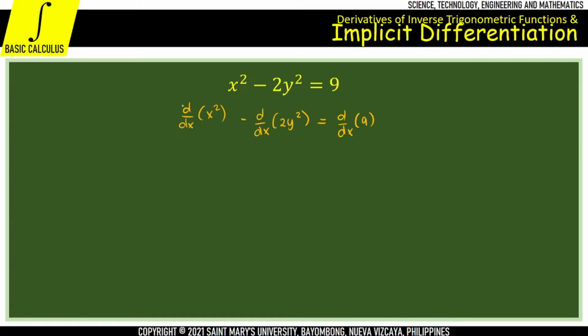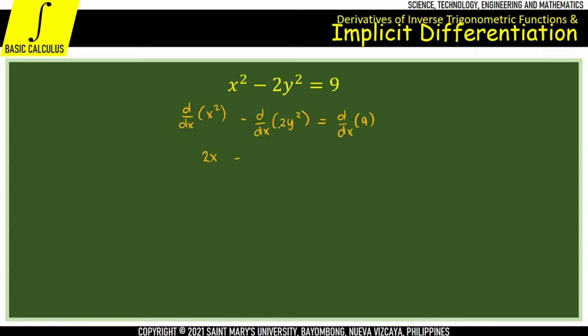Again, this symbol means that we differentiate each term. Next, when we differentiate and there is no y, proceed with our usual differentiation. What is the derivative of x squared? We have 2x.